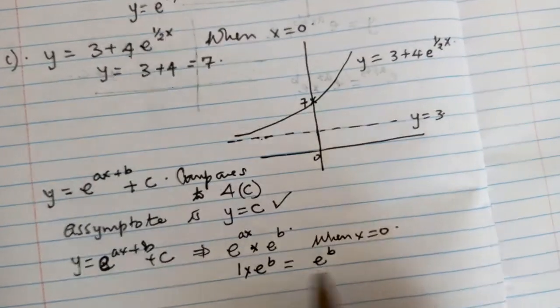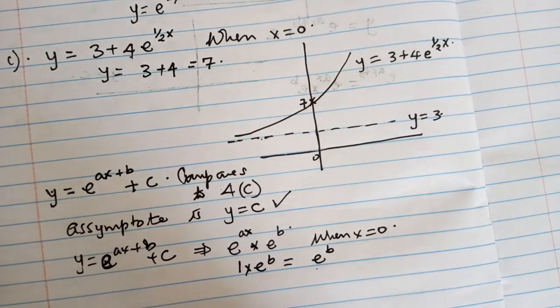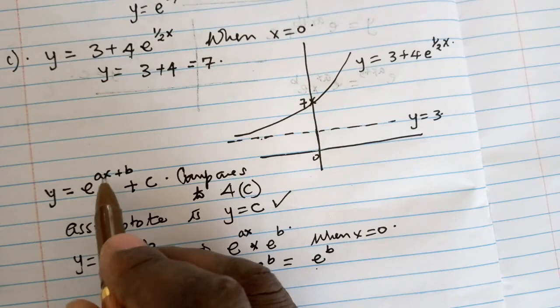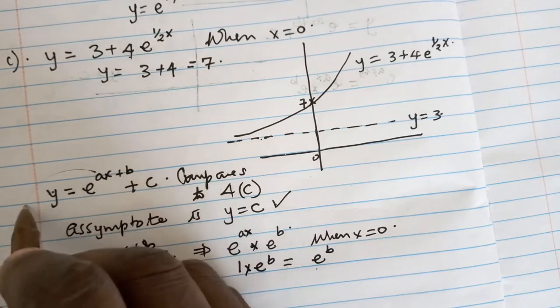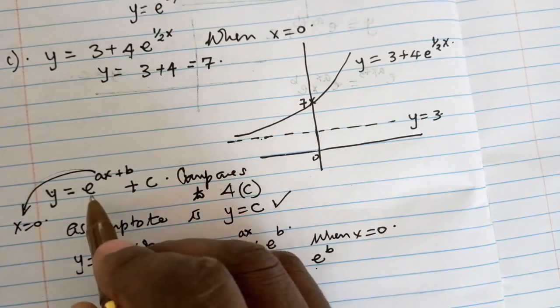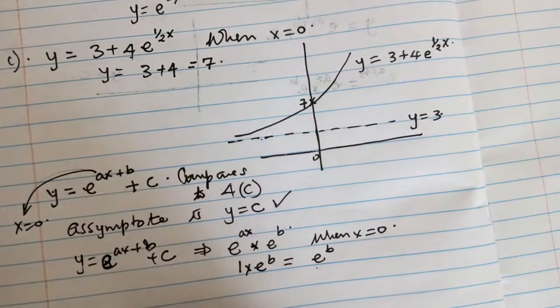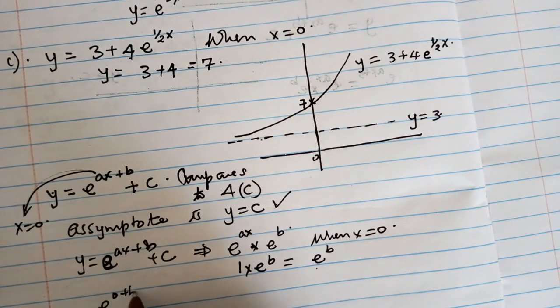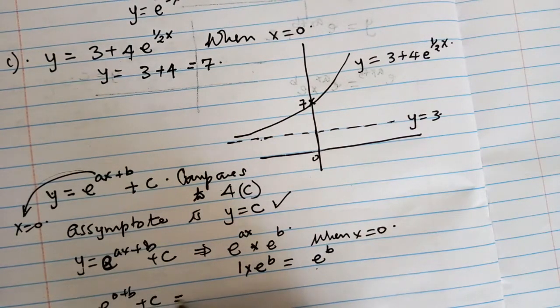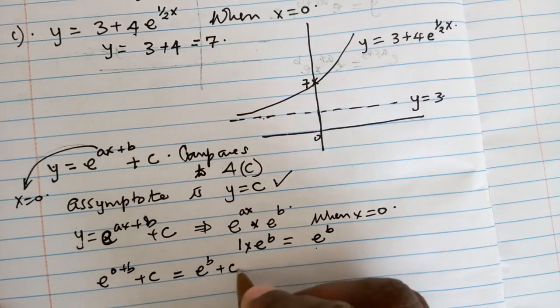That being the exponential part, then we just have to have the constant here. So it can also be explained if we let x be equal to 0 here, then we are talking about e raised to power 0 plus b plus c, which is eventually e raised to power b plus c.